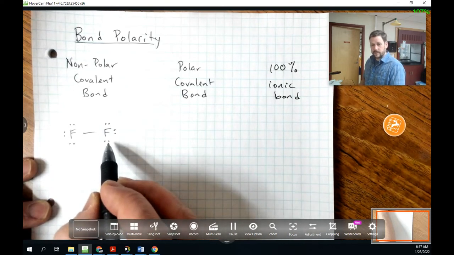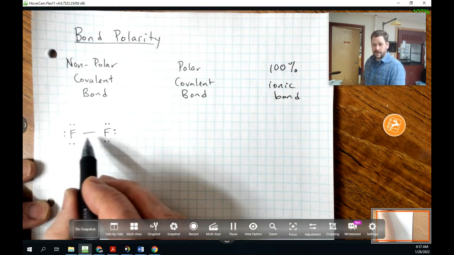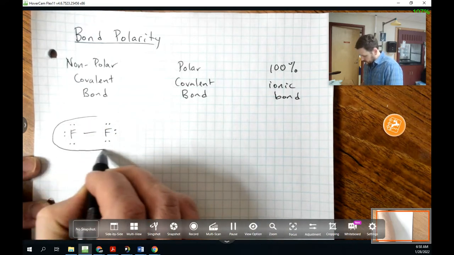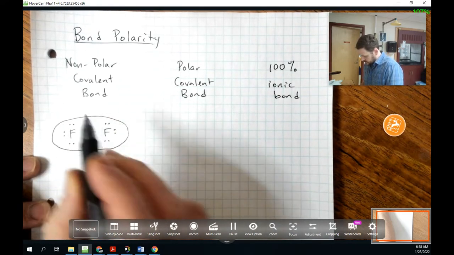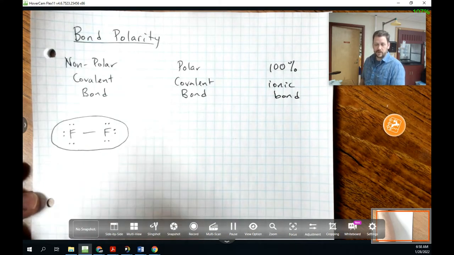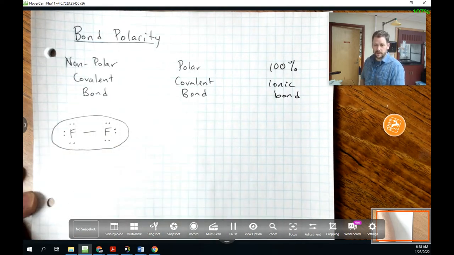In other words, fluorine is the most electronegative element on the table, and fluorine is just as electronegative as fluorine, which means these electrons will be shared evenly between those two atoms. So I'm going to draw an electron cloud represented as a pretty uniform shape, which doesn't have any polarity to it. It doesn't have a positive end or a negative end. There's not really a separation of charge density from one side of the molecule to the other.